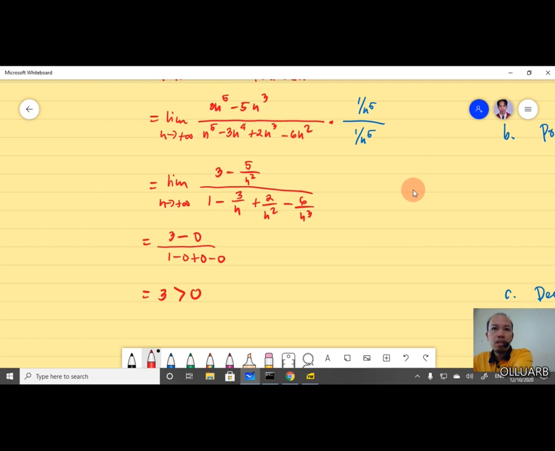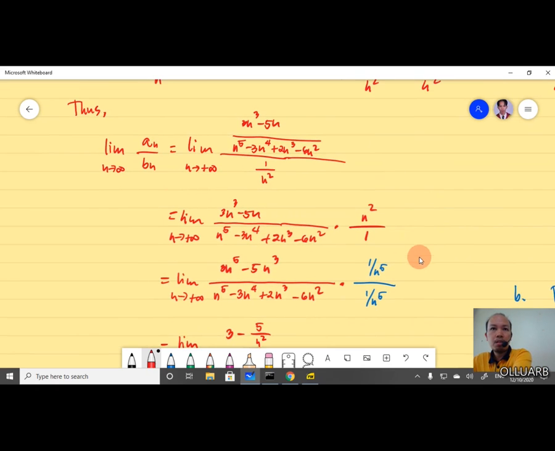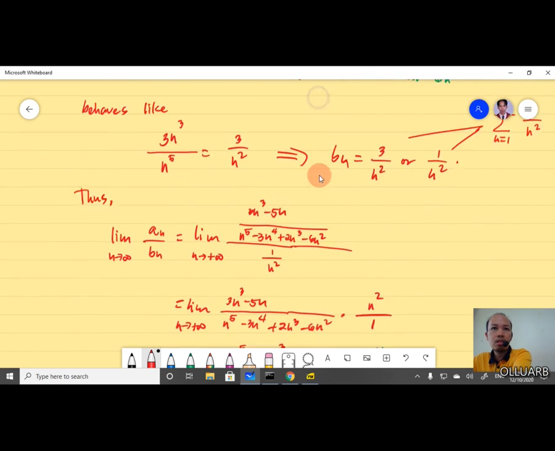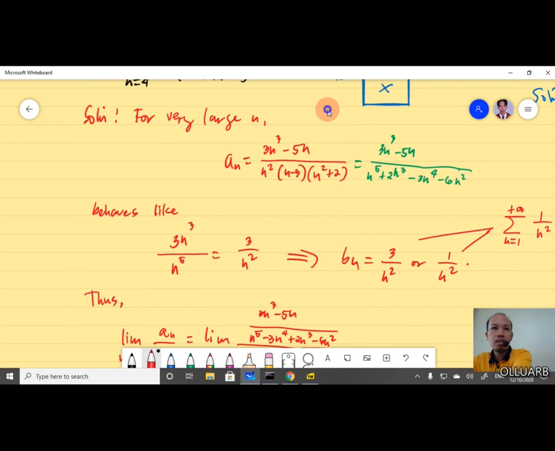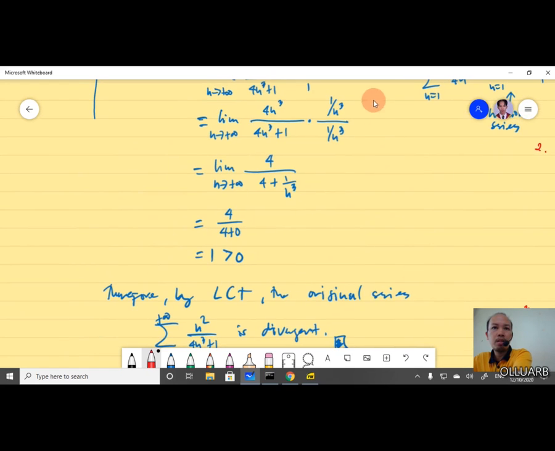So what does the limit comparison test theorem say? It says that if our c is greater than 0, as you can see here, let's move upward.